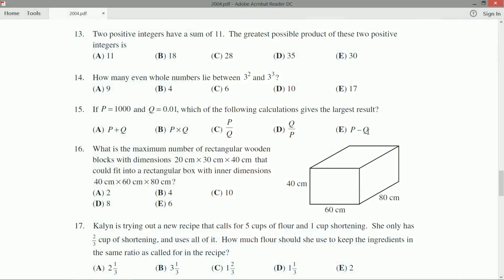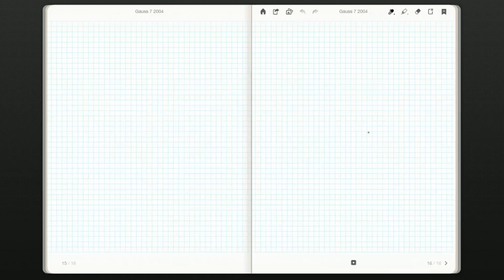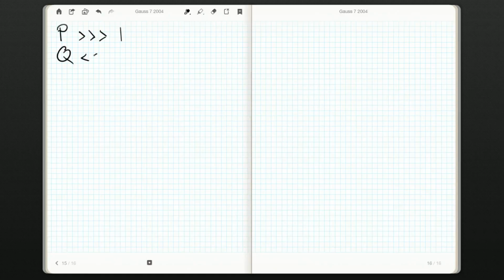So the key things for me, thinking my way through this question, are that P is very, very big, much bigger than 1, and Q is much, much smaller than 1. This is going to become important for our answer.